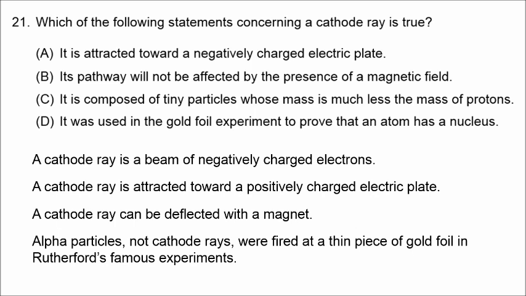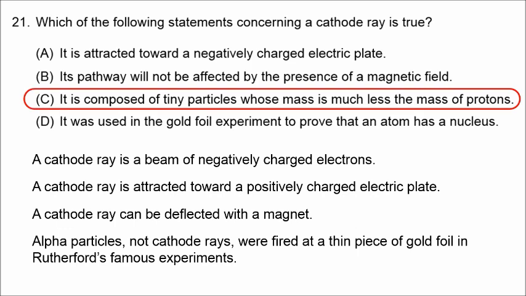So the correct answer is that yes, a cathode ray is composed of tiny particles, which are electrons, and we know that electrons weigh much less than protons. But hopefully you can see why statements A, B, and D are false.